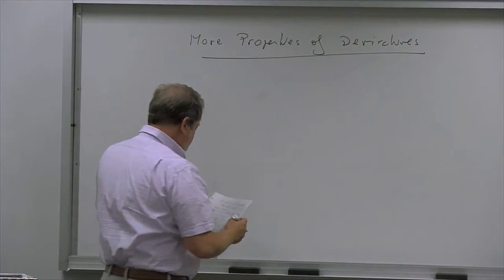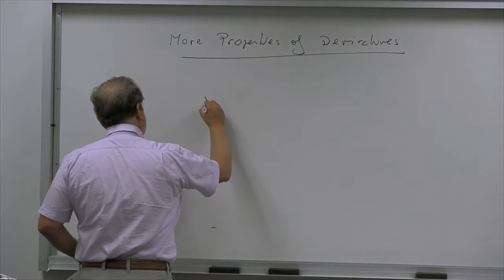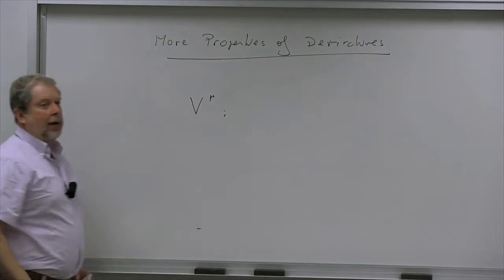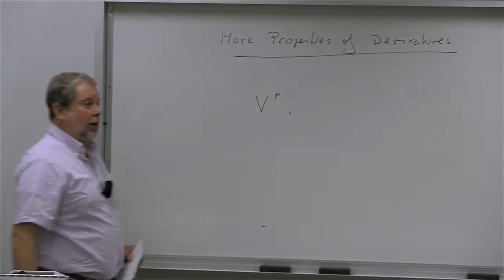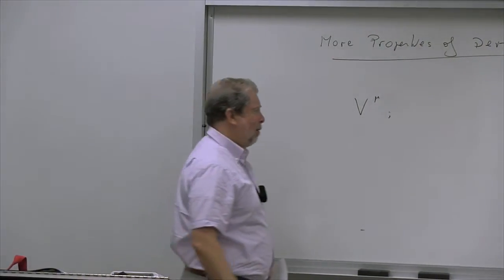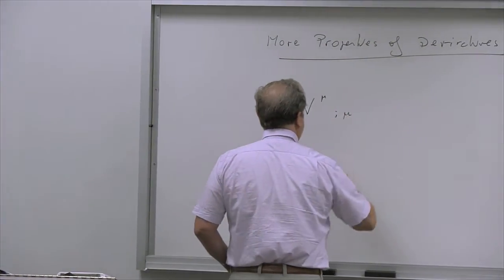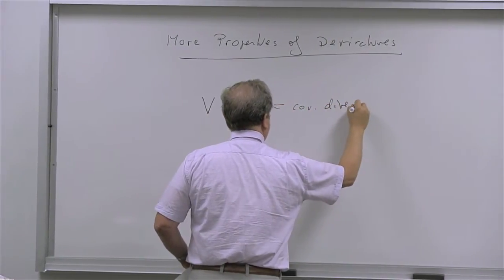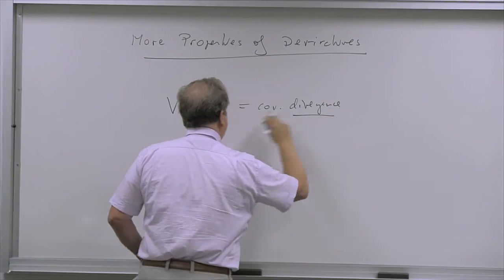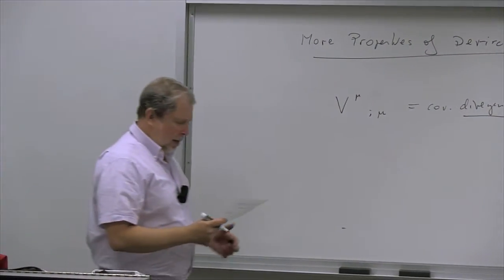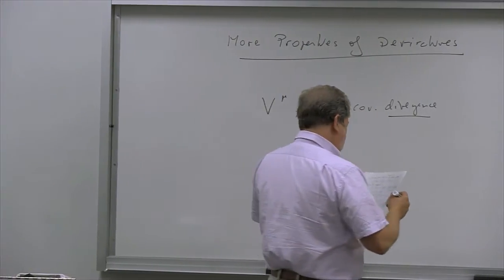One of the things we're interested in is if we take a vector and take the covariant derivative with respect to that, and then sum over the index that we take the derivative of, then this is a covariant divergence, because these two indices now are the same, right?